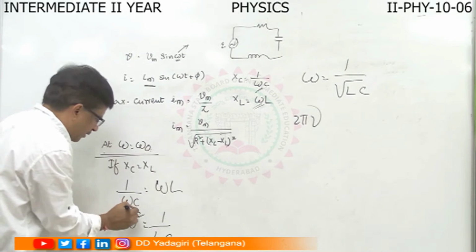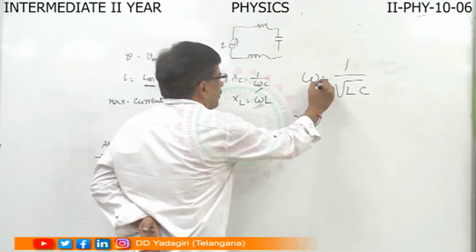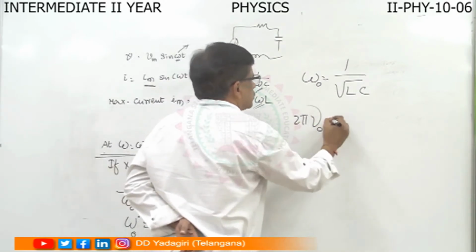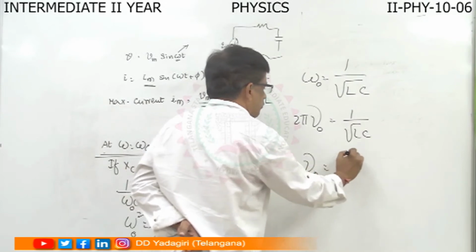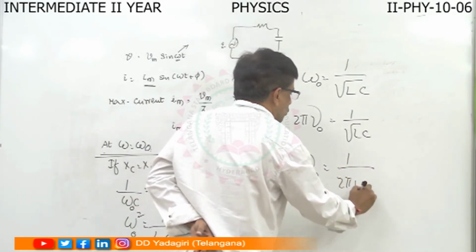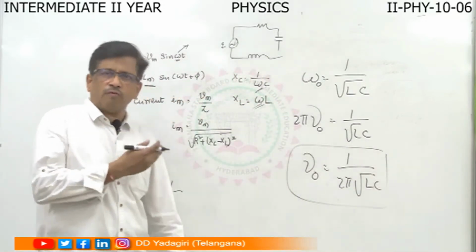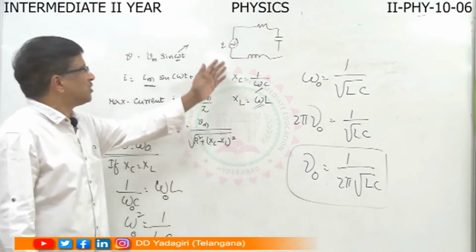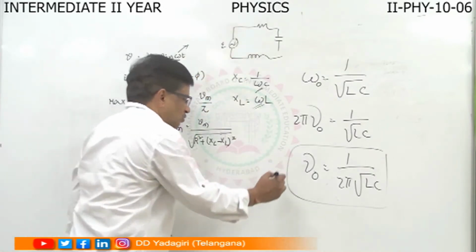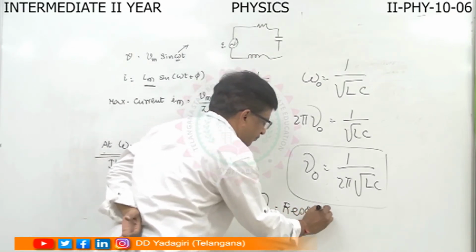Let me write omega naught here. 2 pi nu naught is equal to 1 by root LC. Thereby nu naught will be equal to 1 by 2 pi root of LC. So we arrived at a frequency nu naught. This is the natural frequency of the LCR circuit, and this nu naught is called resonant frequency.